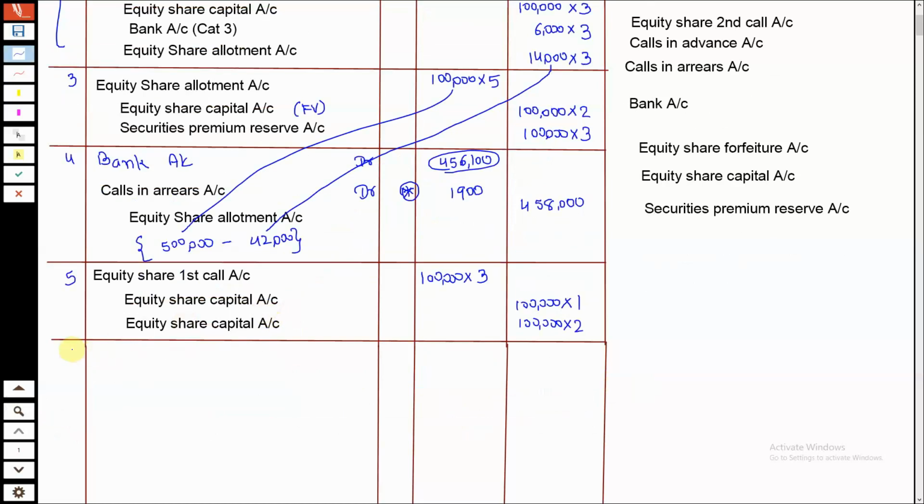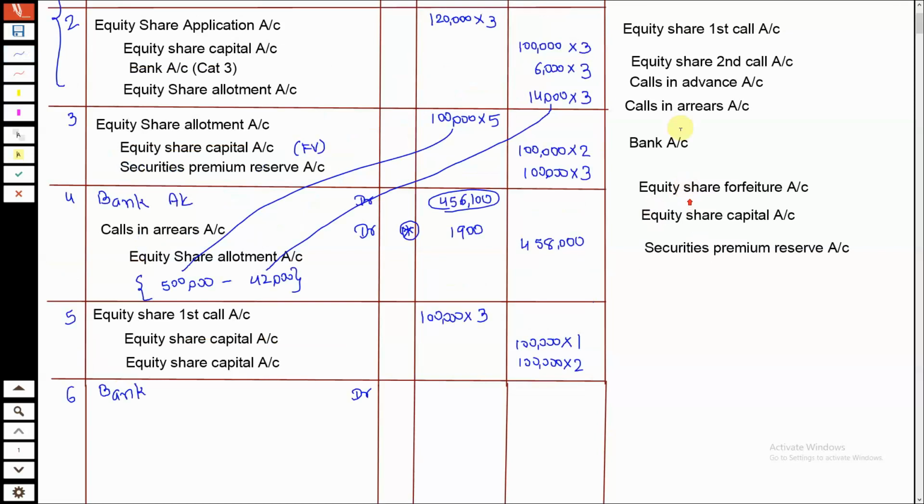Now I will have to receive the money, so I will debit bank. But again, Rahim bhai did not pay money on the first call, so I will have to debit calls in arrear account. So calls in arrear debit and I will have to cancel the share first call account.